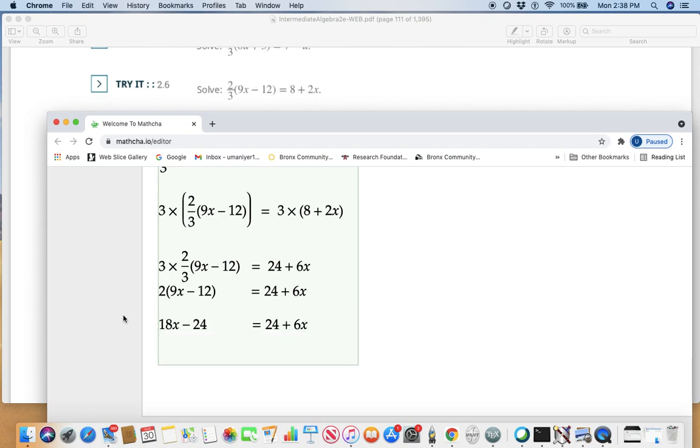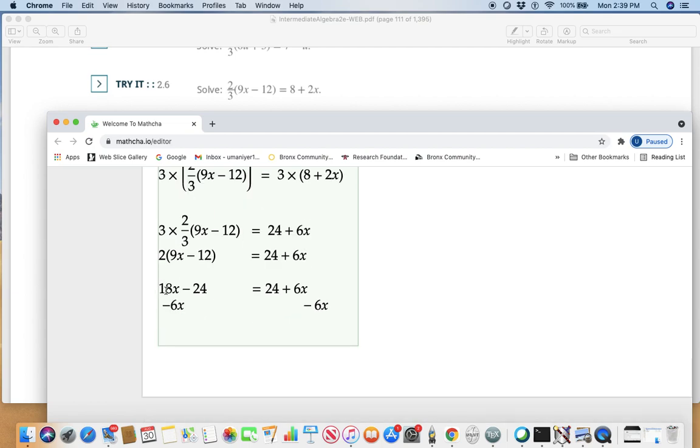Now I have x on the left and x on the right, so we want to combine. 6x is the smaller of the two, so let me get rid of the 6x. I'll subtract 6x from both sides. That gets me 18x minus 6x is 12x minus 24 equals 24 plus 6x minus 6x, they cancel away.